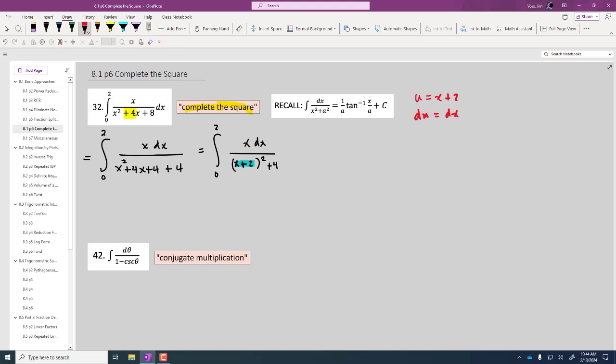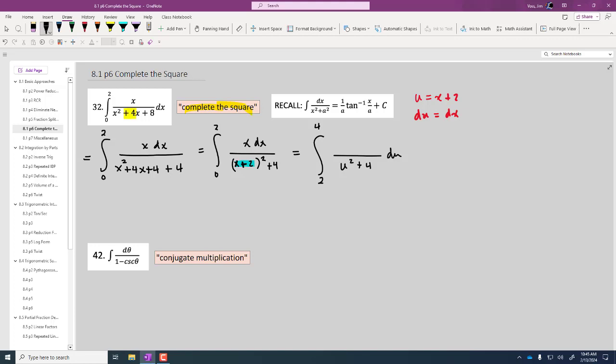If we do that, du is dx. Let's just see if we get anywhere with this. If not, we'll try something else. Limits of integration would be 2 and 4 if we substitute the 2 x-values in. Now we end up with u squared plus 4, and we have a du.